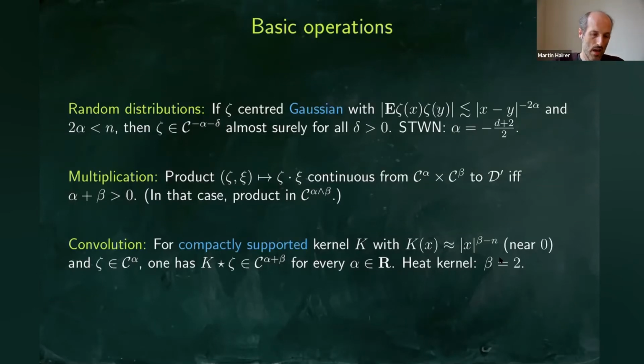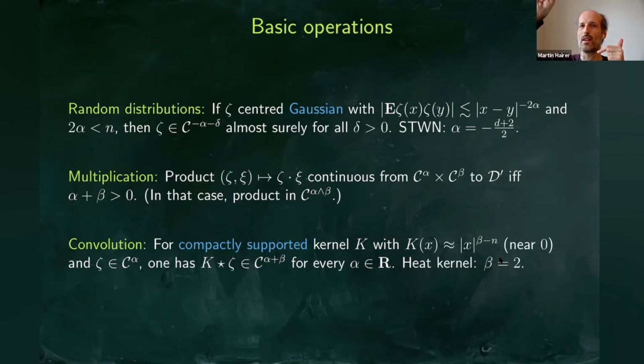In the case of the heat kernel with the parabolic scaling, beta is 2. Basically the heat kernel is bounded by t to the minus space dimension over 2. But the actual dimension of space-time, n, in the case of the parabolic scaling, is the space dimension plus 2, since powers of t count double.